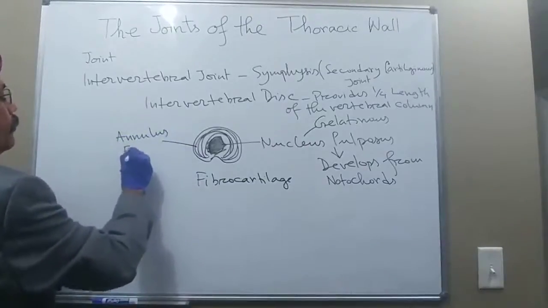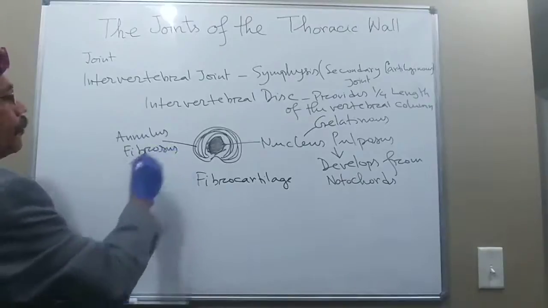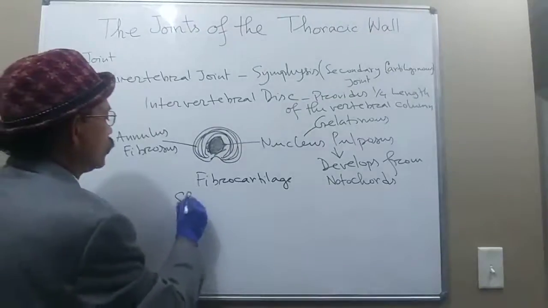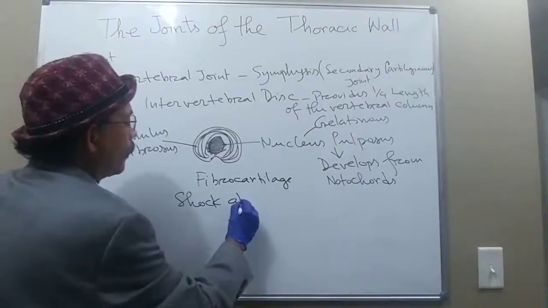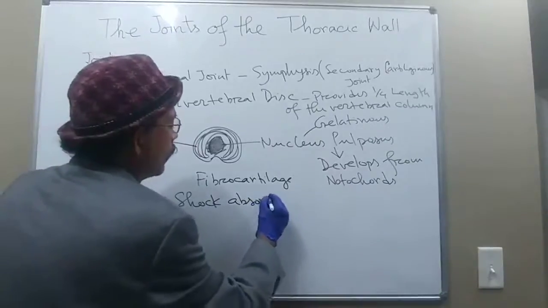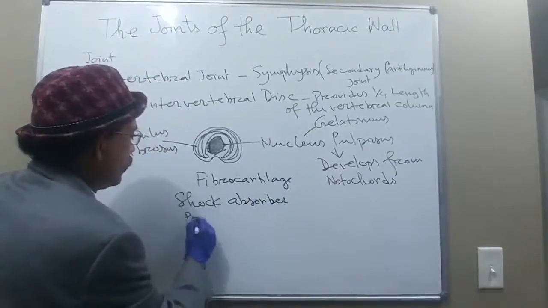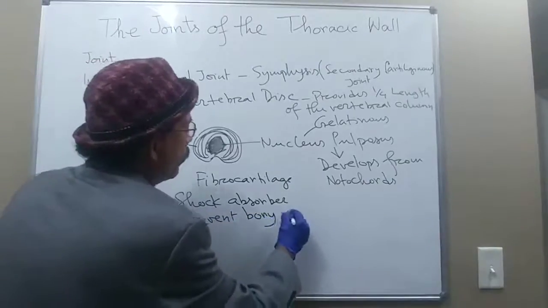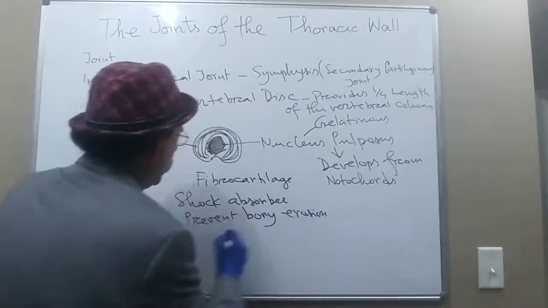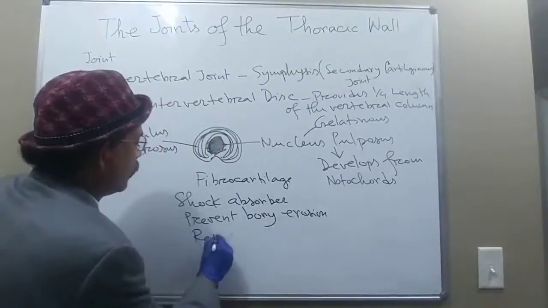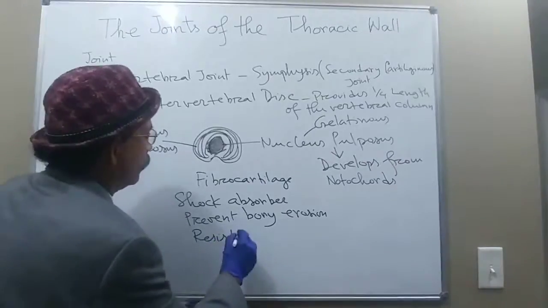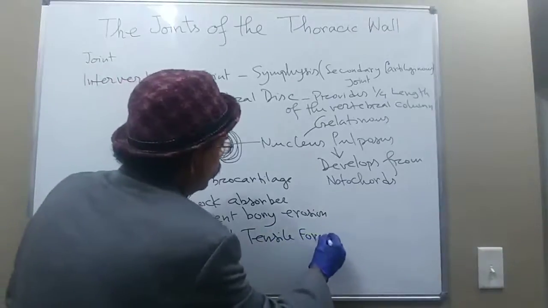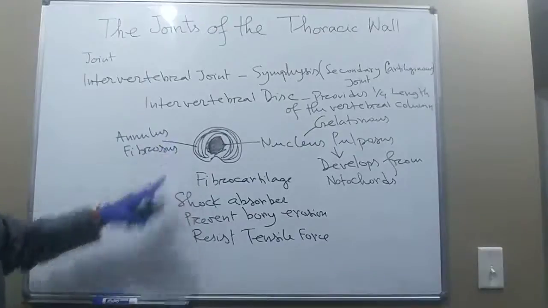The main purpose of the intervertebral disc is as a shock absorber, to prevent bony erosion between two vertebrae, and to resist tensile force. So these are the functions of the intervertebral disc.